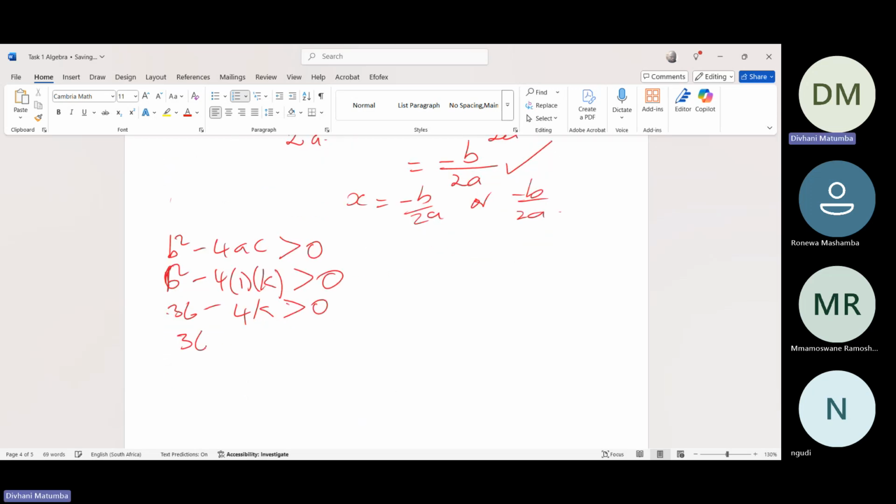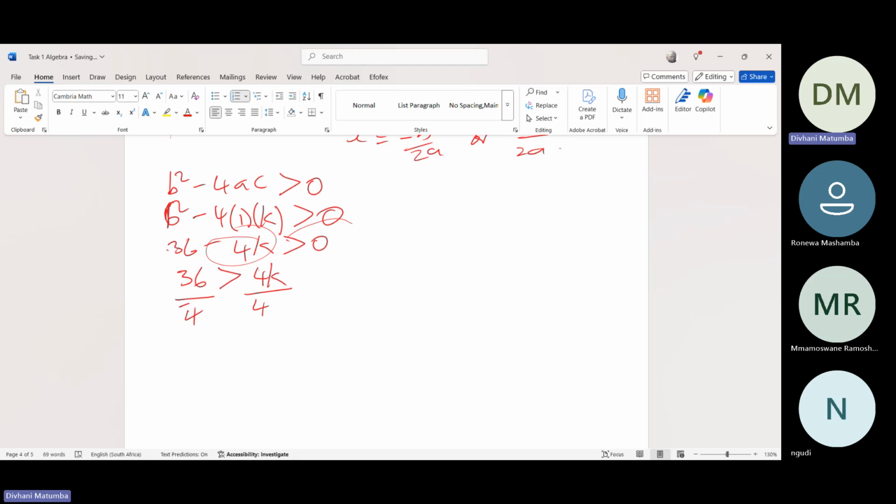So 36 should be greater than, if you take minus 4k to the other side, it will change the sign, it will be a positive 4k. Now, if I divide both sides by 4, I will have 36 divided by 4 is what?